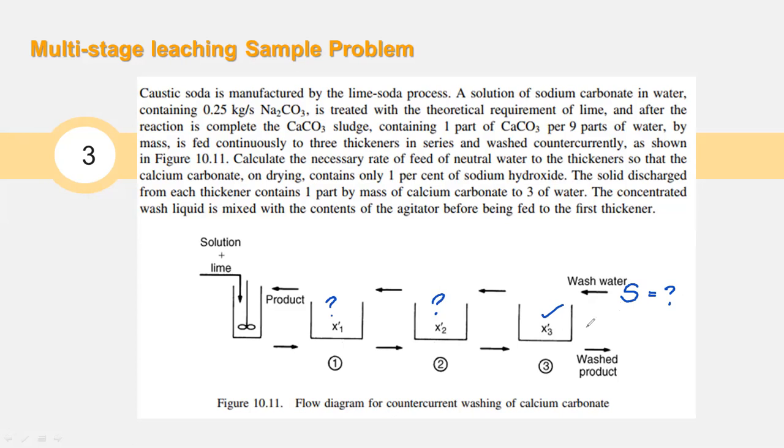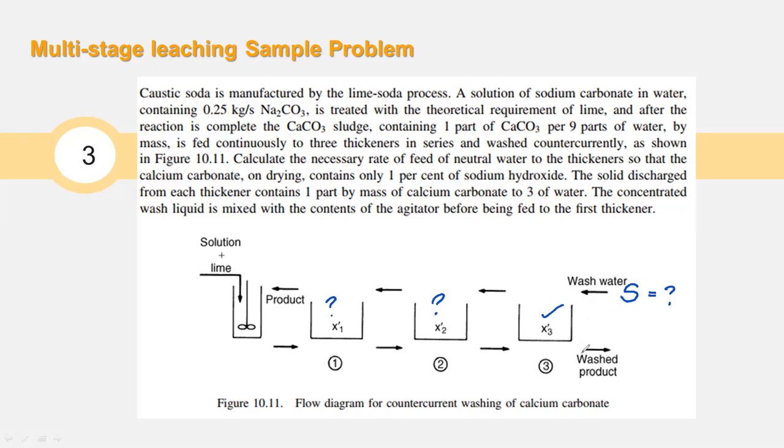Okay, now we've learned from leaching that the concentration of the solute, in the case of this problem, our solute is the sodium hydroxide or the caustic soda. We know that it's a primary principle in leaching that the concentration of the solute in the underflow is equal to the concentration of the solute in the overflow, in whatever form of representation that particular concentration may be. What do I mean by that?